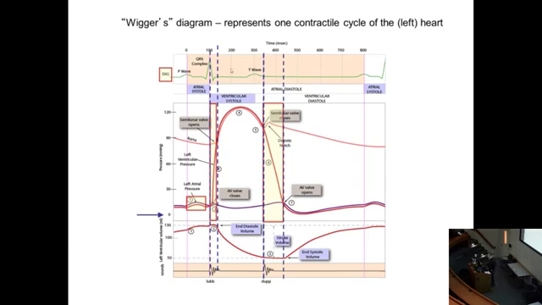Our EKG has a P wave, a QRS complex, and a T wave, okay? So the P wave, you will notice, correlates very nicely with this increase in left atrial pressure. And the reason is because as your muscle contracts, as depolarization takes place in your atrial muscle, the action potentials start in one spot, the SA node, and they propagate in a wave of depolarization as one cell after another depolarizes.